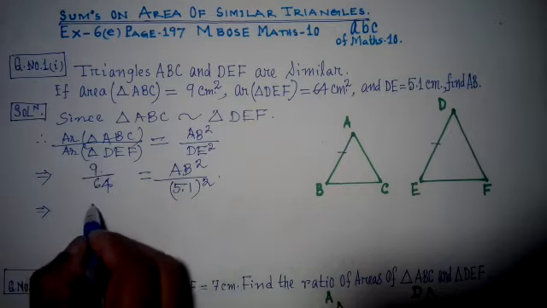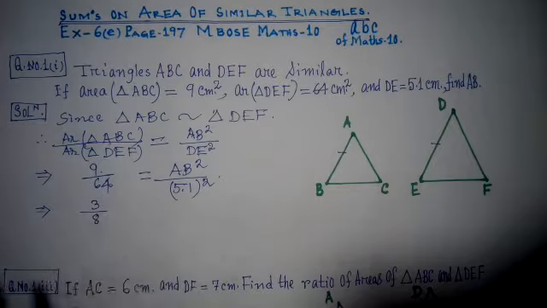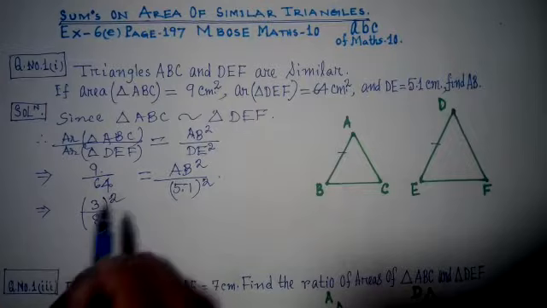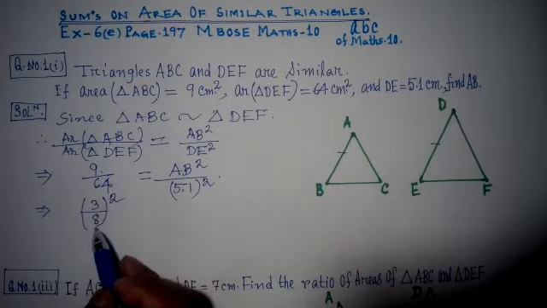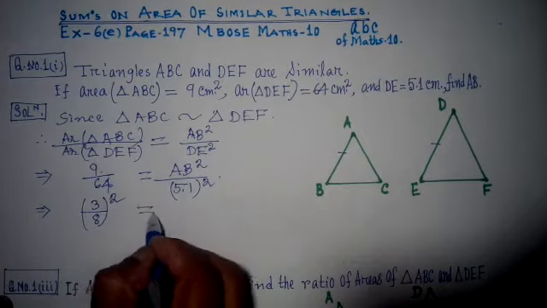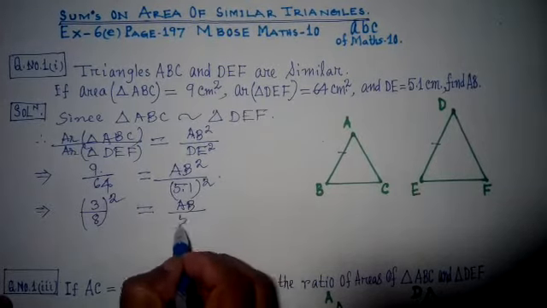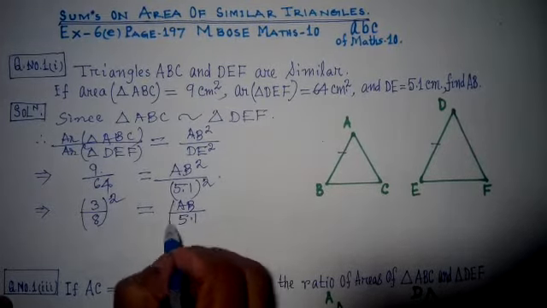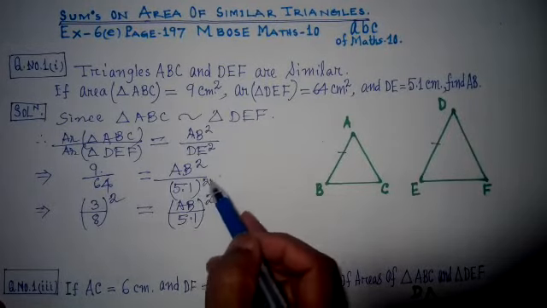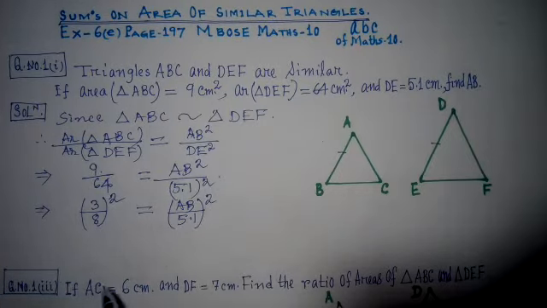So this 9 by 64 we also write as a whole square. Suppose 9 is 3 square and 64 is what? 8 square. We can write together 3 by 8 whole square. Instead of writing 3 square and 8 square separately, we write 3 by 8 whole square, equal to AB by 5.1 whole square on this side also.